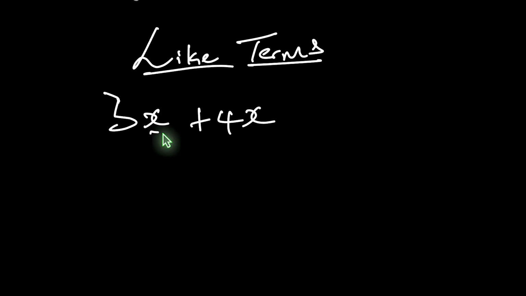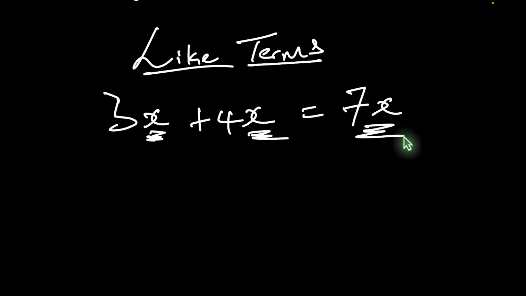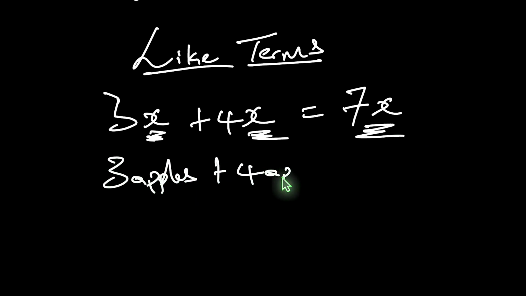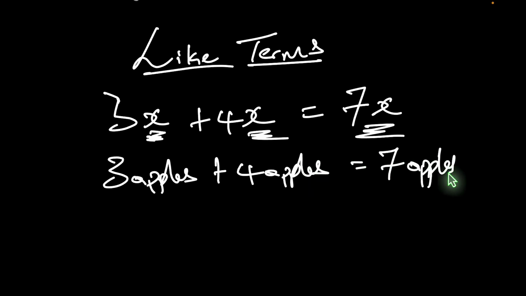Because we have x in both of these terms, they are classed as like terms, and we can simply add these two together to get 7x. It's just as if we're adding 3 apples with 4 apples. We have a total of 7 apples. It's literally the same thing.